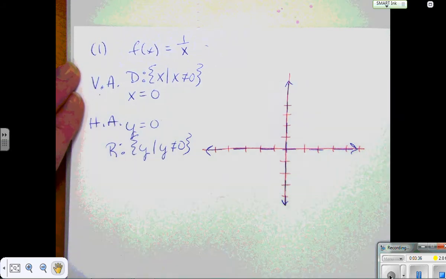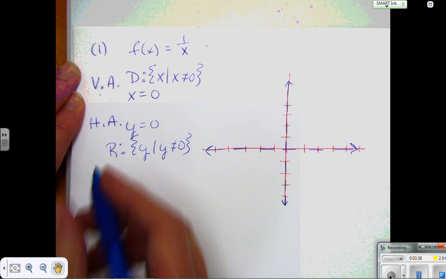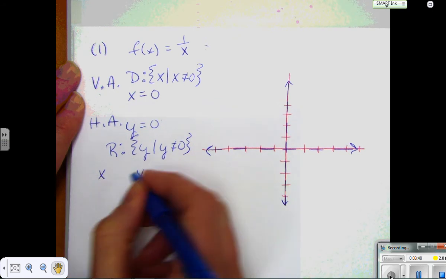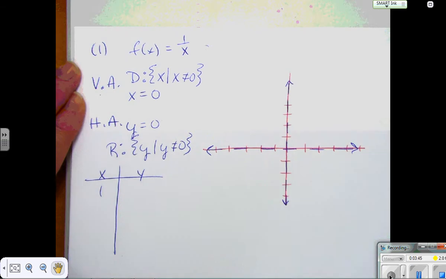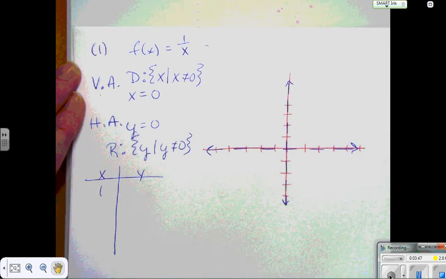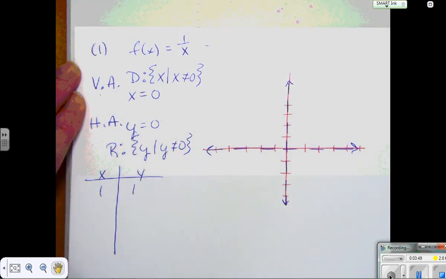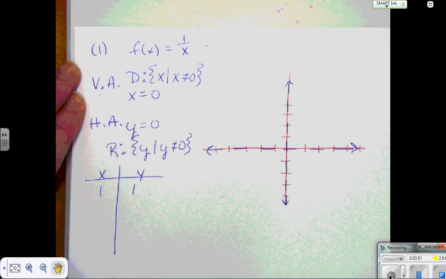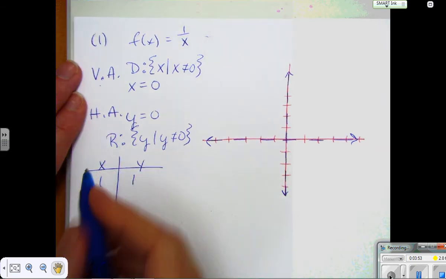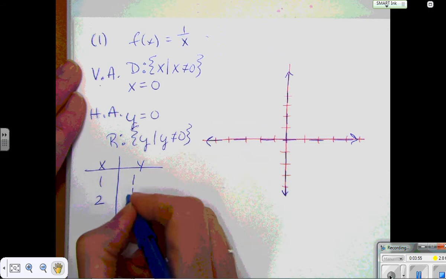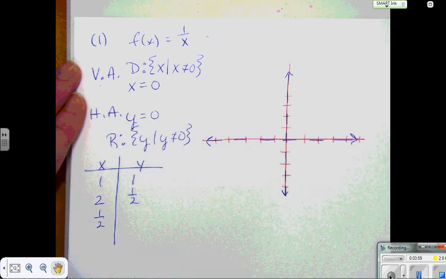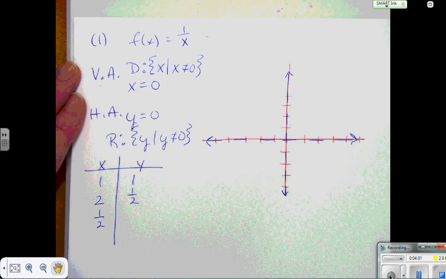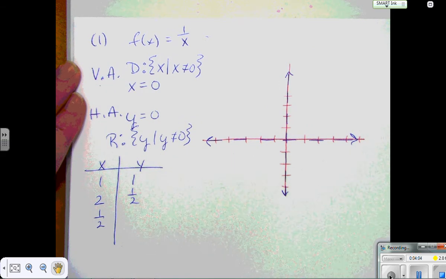Okay? So let's get some values for x and solve for y. Let's start with 1. When x is 1, y is going to be 1. Okay, let's say x is 2, then y is going to be a half. What if x was a half? What would y be? 2, right.